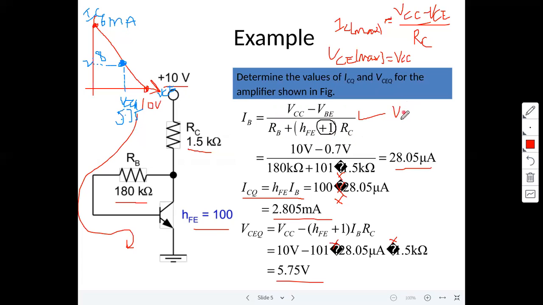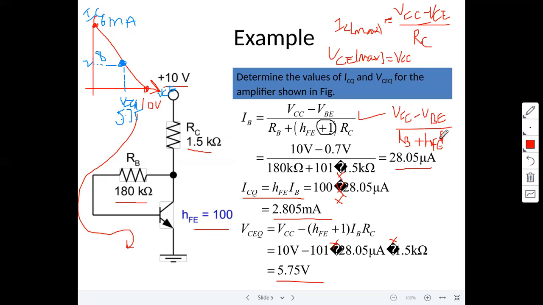Then the remaining expression is VCC minus VBE by RB plus HFE or beta times RC.